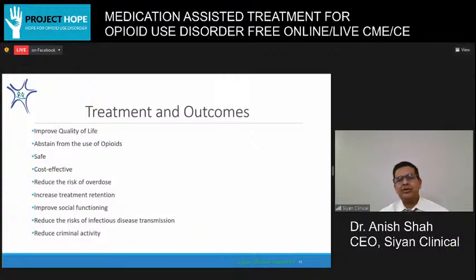And then it also reduces infectious disease transmission. If you use MAT in the right spirit and have a correct program, then you are likely to reduce HIV, hepatitis B, C in your patients using MAT for their opiate use disorder treatment.